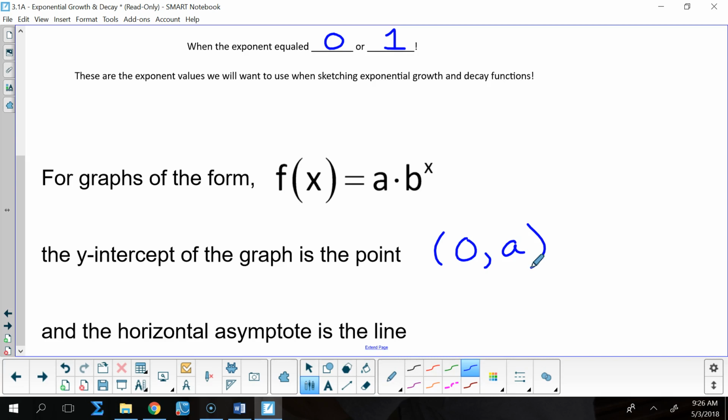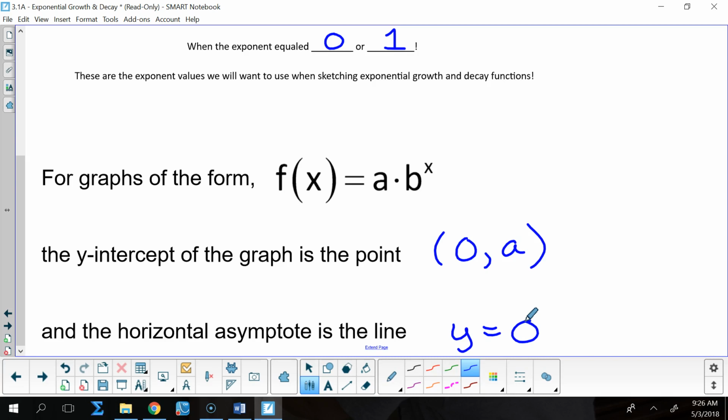B to the 0 power is positive 1. 1 times a is a. Okay? And the other thing, the horizontal asymptote is always going to be the line y equals 0, if it's in that a times b to the x form.